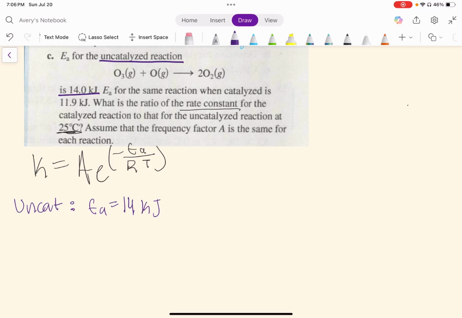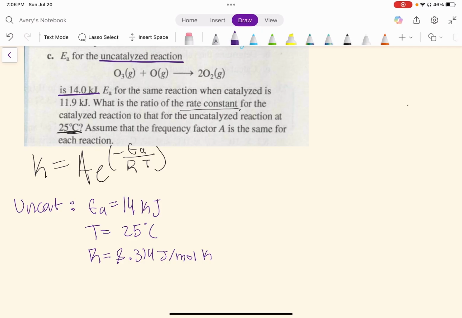So temperature T is 25 degrees Celsius. And then we have R, our gas law constant, and we're going to use 8.314 joules per mole Kelvin.